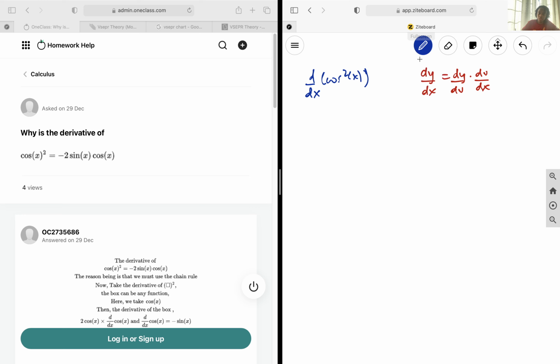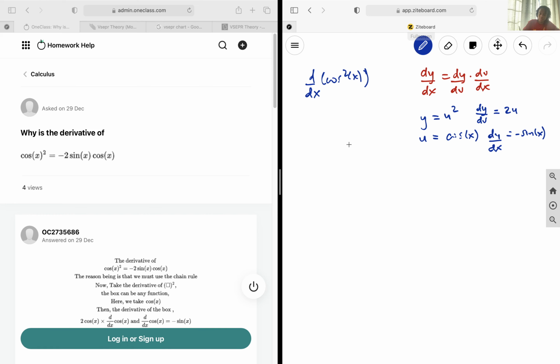And so in our question, we will set y is equal to u squared. u is going to be equal to cos x. This will mean that dy over du, using the exponent rule when it comes to derivatives, is going to give us 2u, and du over dx is going to give us negative sine x.